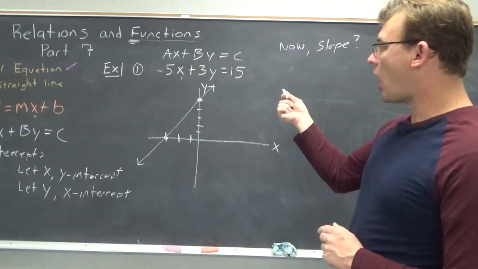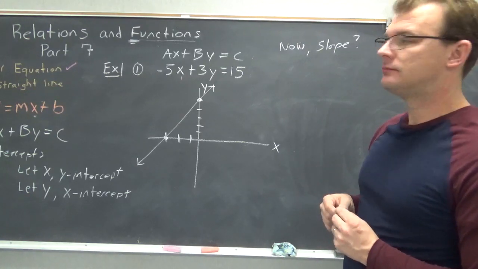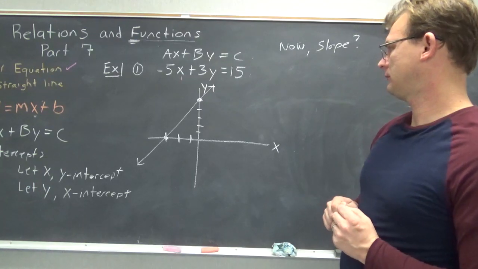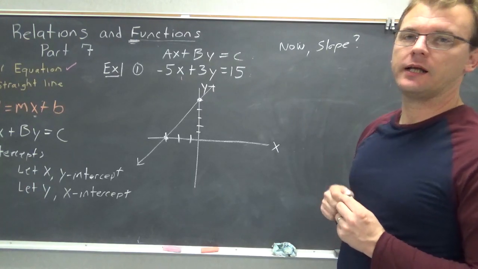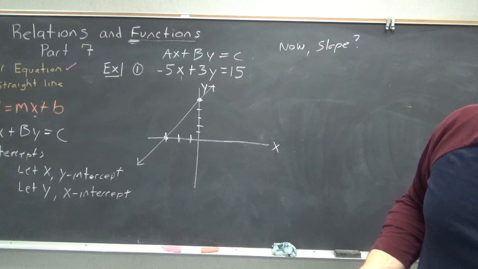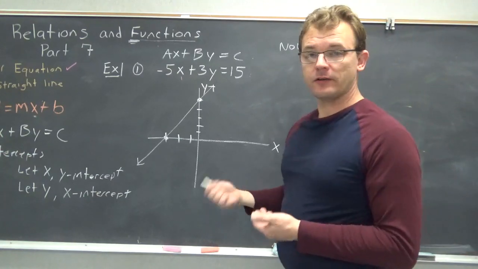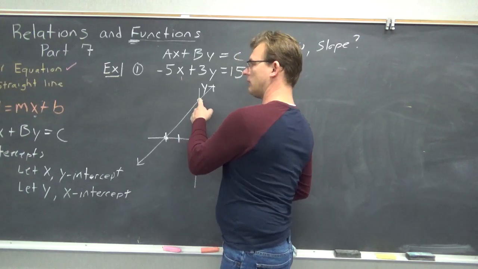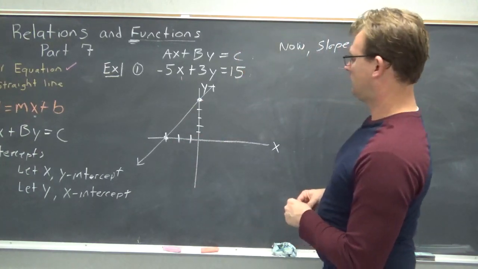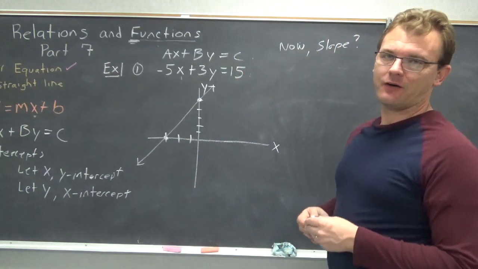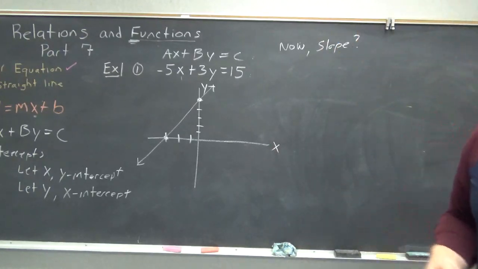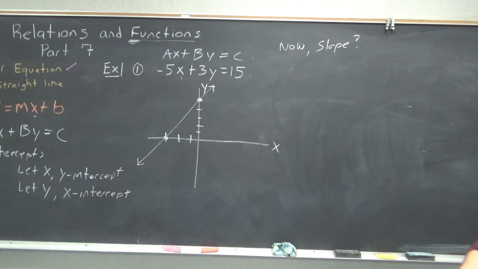One, we can solve for y, and we should get b. Or, if we have a piece of graph paper and a nice graph, you can go rise over run, rise over run. It's really up to you. But here's probably my suggestion, and this suggestion should work.